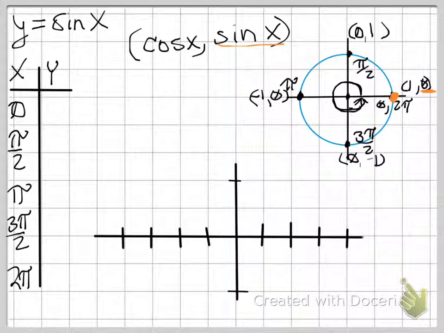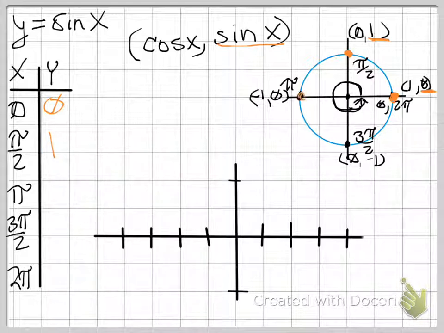So sine of 0 is going to equal 0. And I'm going to put that right here. Next, go up to pi over 2. Again, I want to know what the sine of pi over 2 is. The sine of pi over 2 is going to be the right side of my ordered pair, so it's just 1.